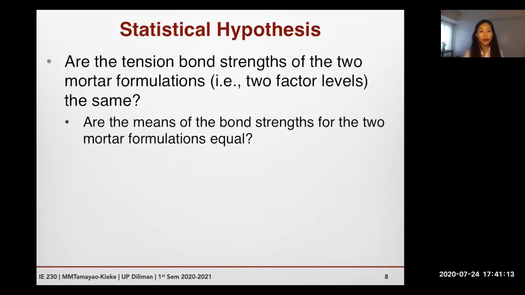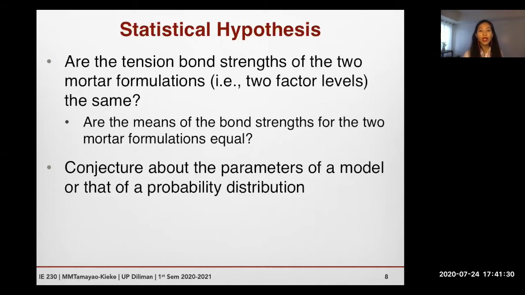Or stated another way, are the means of the bond strengths for the two mortar formulations equal? So with the statistical hypothesis, we come up with conjectures about the parameters of a model or that of a probability distribution. Now, in our case, our initial hypothesis is that the two are equal.